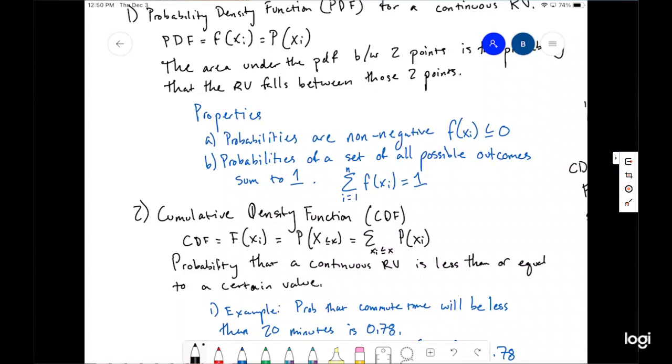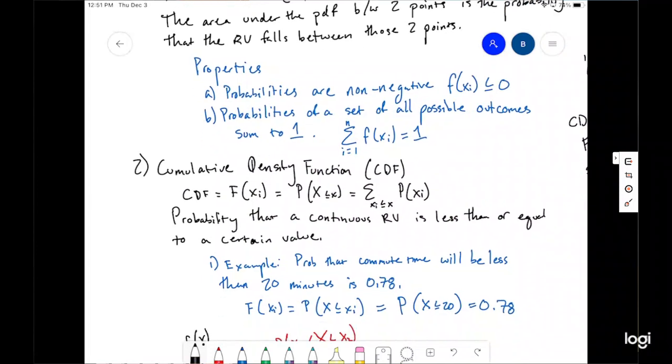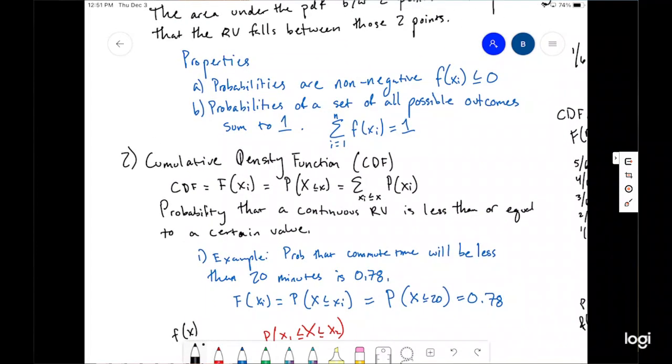The probability that a continuous random variable is less than or equal to a certain value, that's the definition of the CDF.